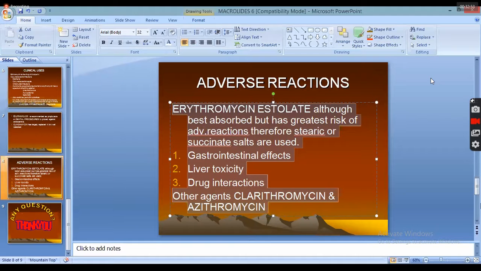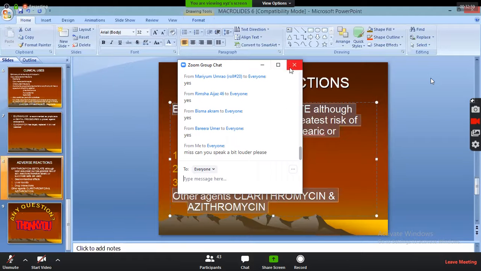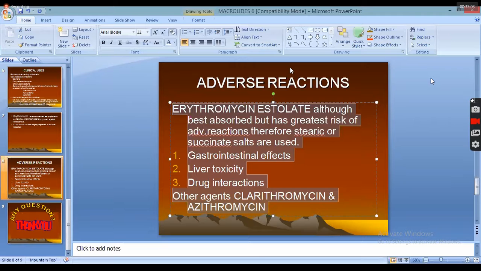Because of this disturbance, remember as common for all antibiotics: nausea, vomiting, diarrhea, abdominal disturbance, abdominal pain, loss of appetite, anorexia. You can memorize these for all antibiotics.